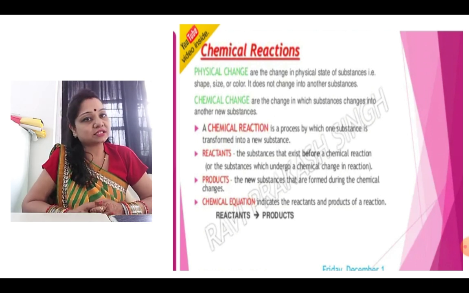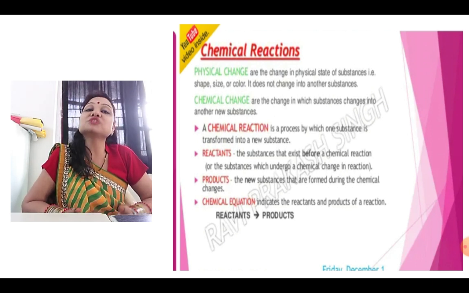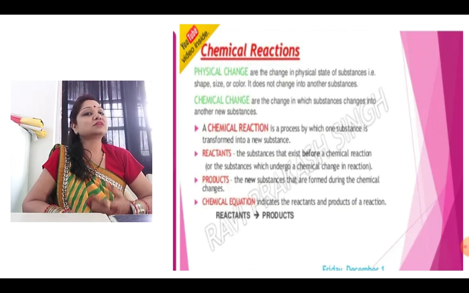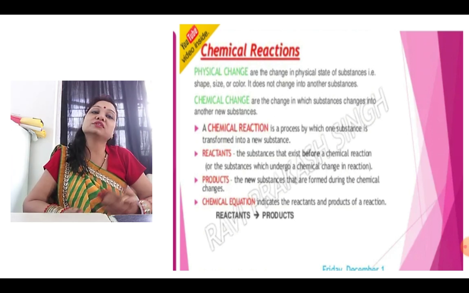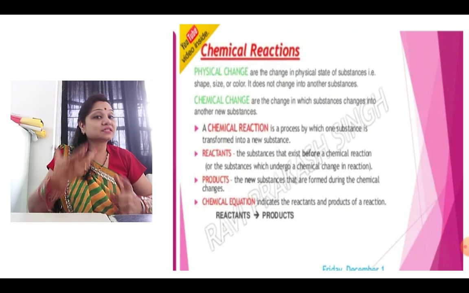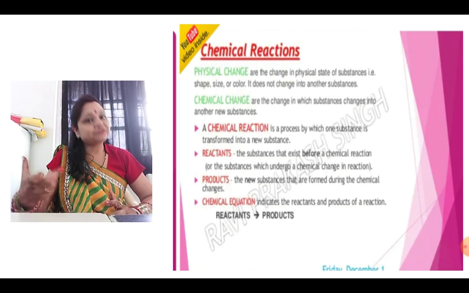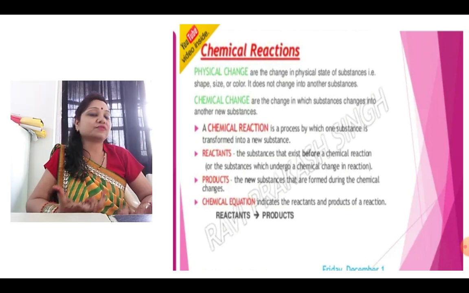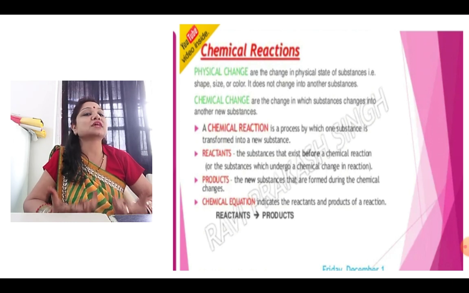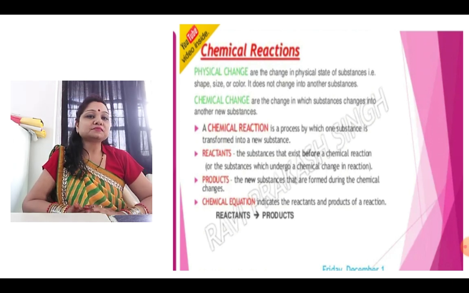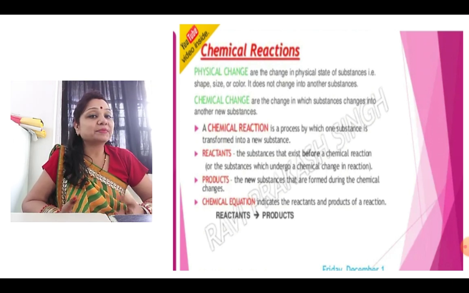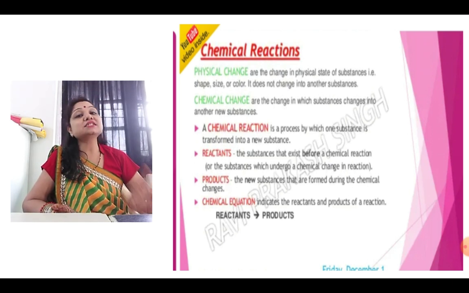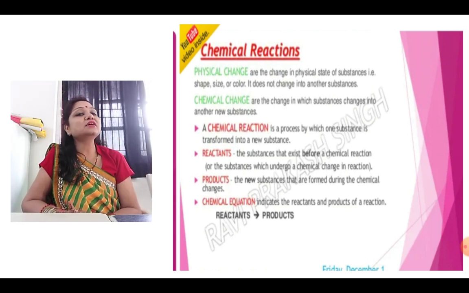They are the reactants. And the products are the new substances which are formed during the chemical change. The reactants are always on the left hand side and the products are always on the right hand side in a chemical reaction.